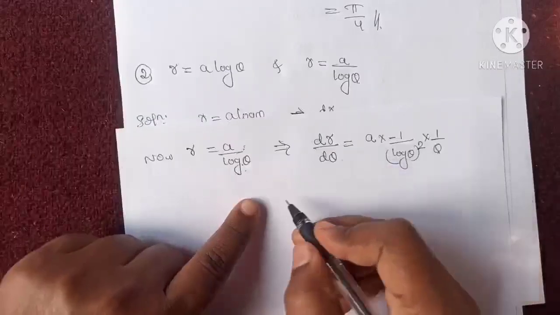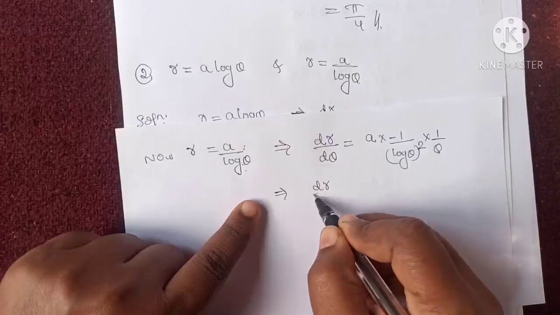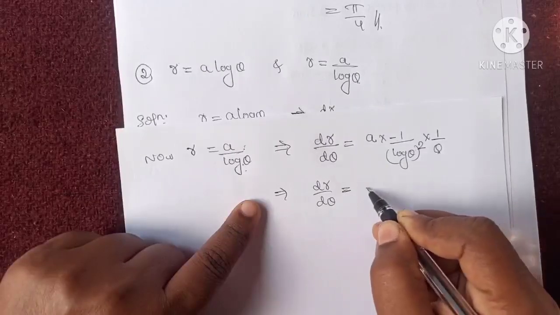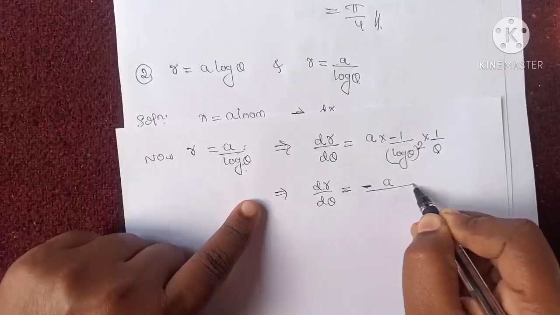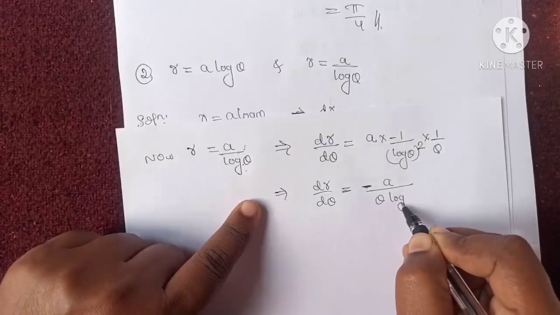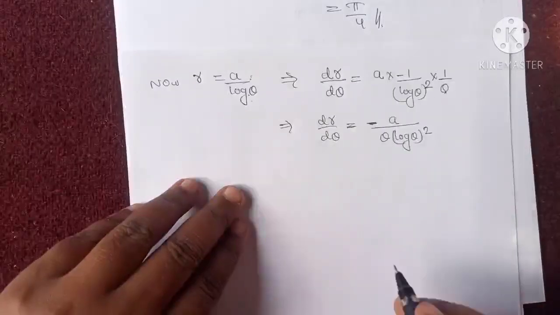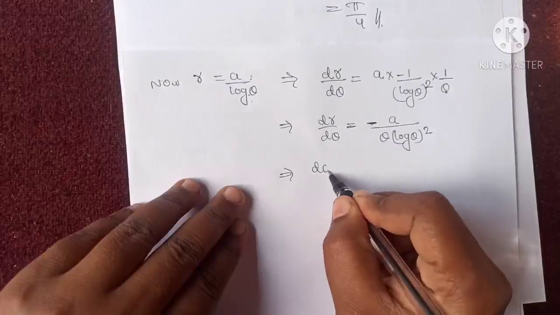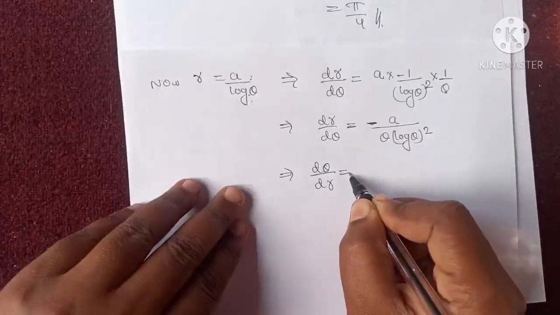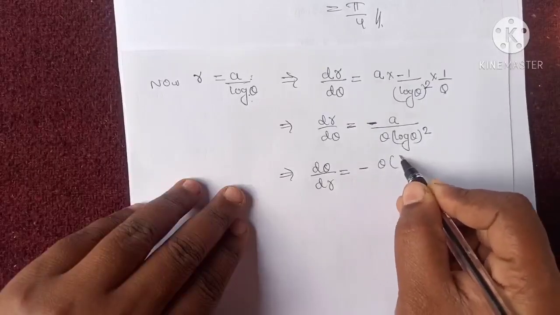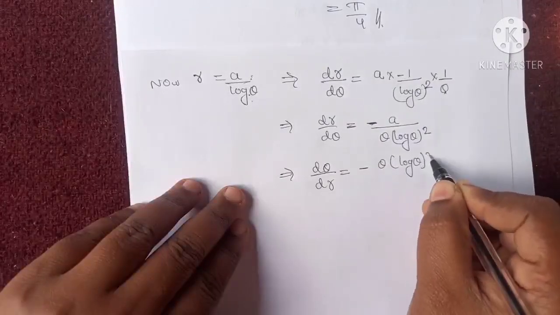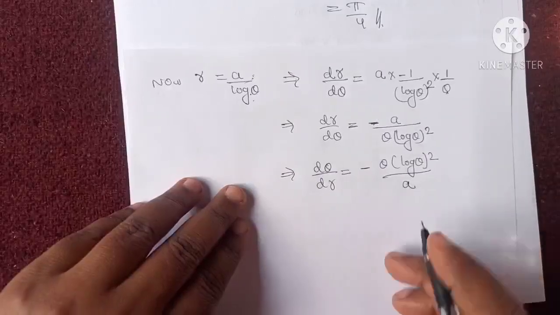Okay. So we get dr divided by d theta equals minus a divided by theta log theta whole square. Taking the reciprocal of this, we get d theta divided by dr equals minus theta into log theta whole square divided by a.